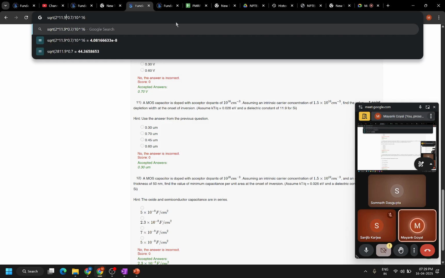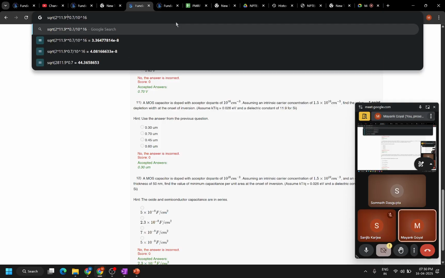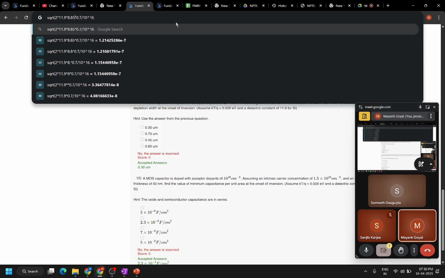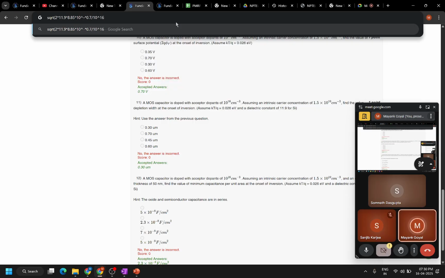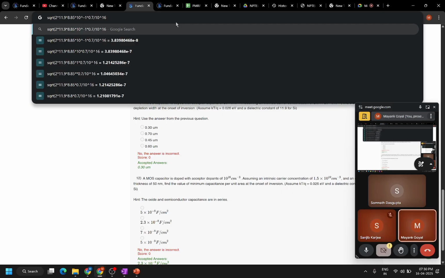But see, this is 11.9, you have to also multiply epsilon naught here, which is 8.85 into 10 power minus 14. And the divide by term is there, so you have to also divide by q.